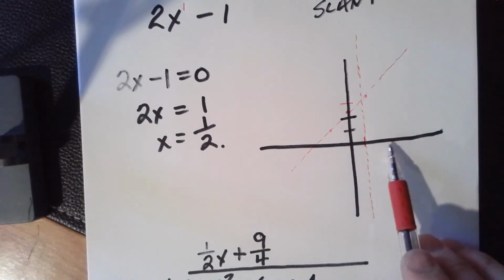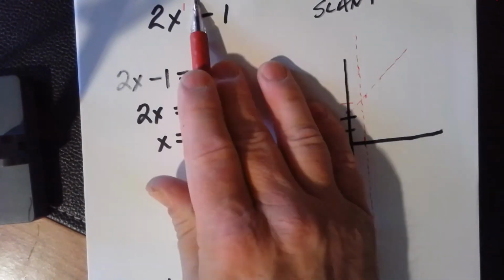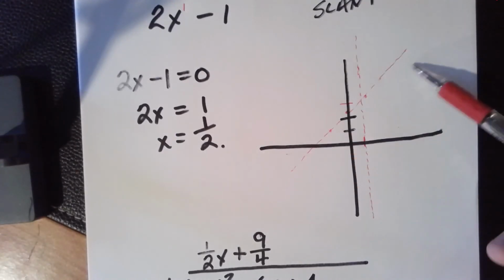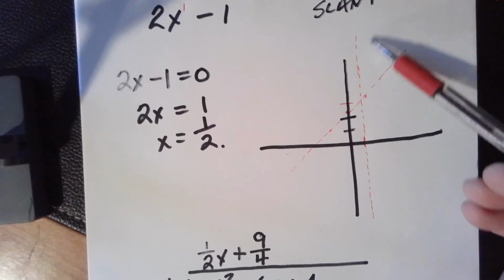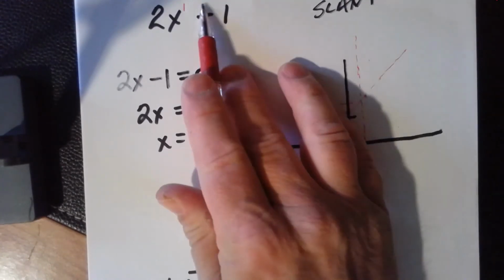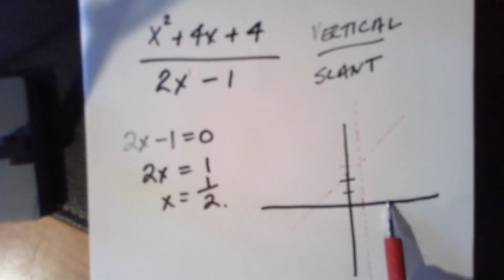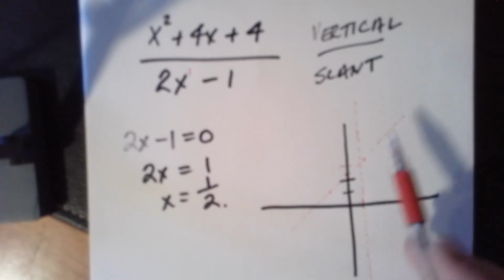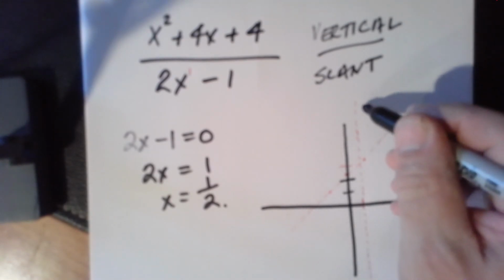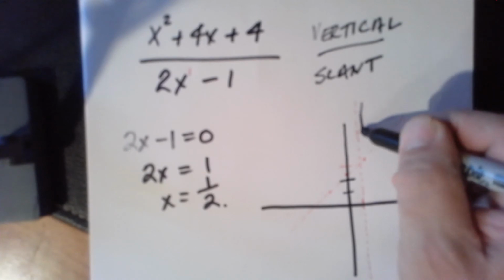And then all I have to do now is pick a point over here and plug it in to find out if I'm in this branch here or if I'm up here. It doesn't matter what point you use, plug it in. That'll give you a point. When I did this one, I plugged it in, and I found out that I had one here.